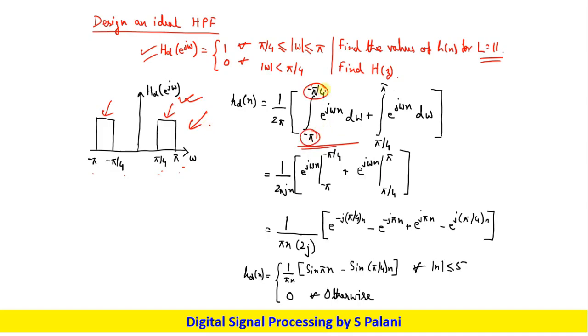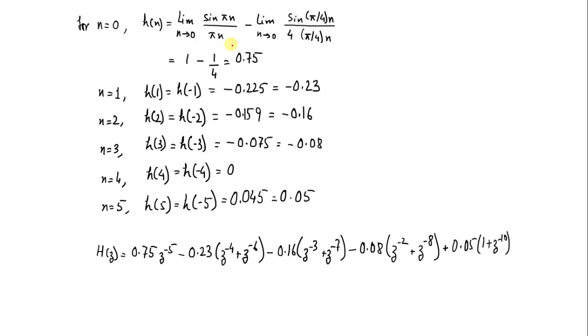Now again in the same way we get this h_d(n) equation, and the same way you have to solve it. For n equals 0, you have to apply L'Hospital's rule, you get the value. For the other values of n, you get the values, and then you will get the transfer function. And then you can realize the filter.